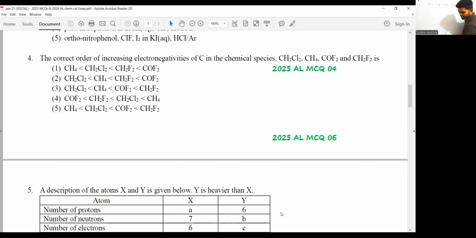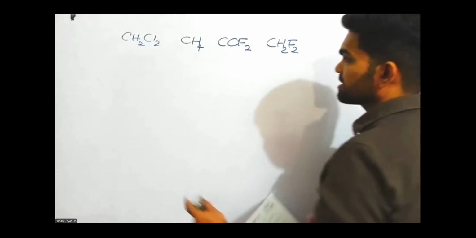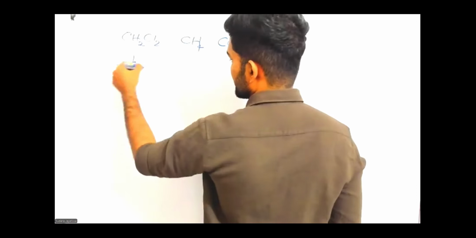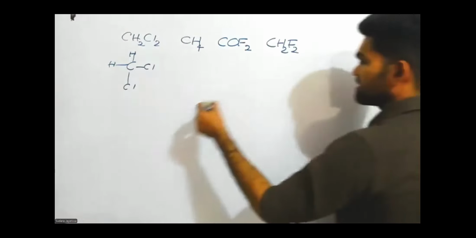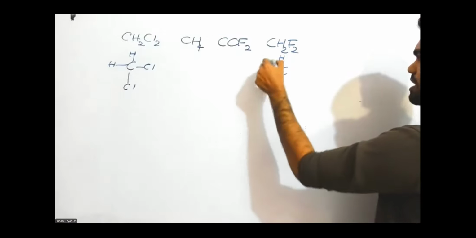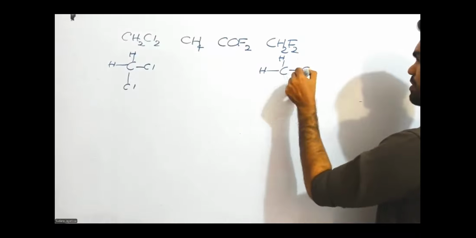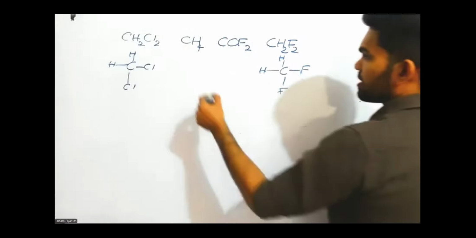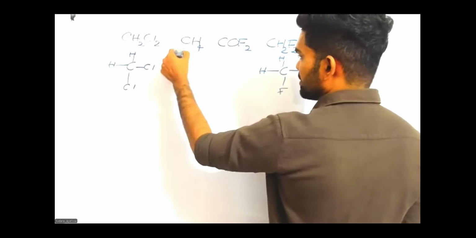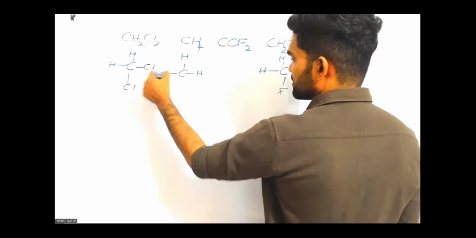Okay. So just imagine there are Lewis structures. Now this is a tetrahedral molecule where 2 hydrogen and 2 chlorine atoms are present. This is also similar to that. Instead of chlorine, you have fluorine here. Now this one is totally composed of hydrogen, a tetrahedral molecule.